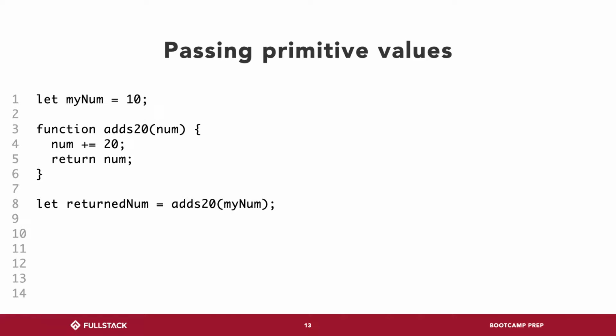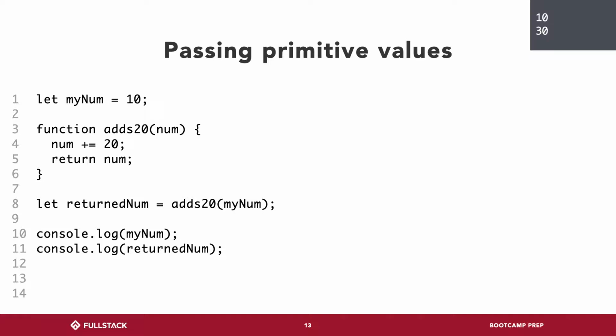If you set let returnNum equal to adds20(myNum), it'll be equal to the return value of that function, which, if you put in 10, should be 30, right? If you console log myNum here, it's 10, and if you console log returnNum, it's going to be 30, right? Everyone's cool with that? This is a very simple function.